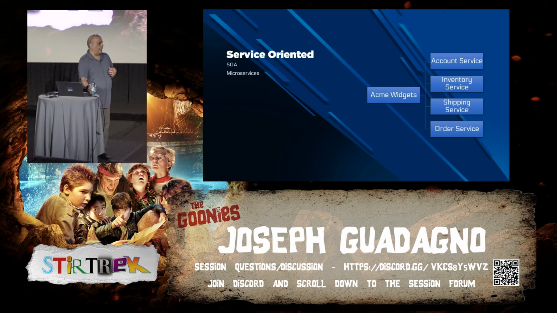The idea behind service-oriented architecture was that you were supposed to break out all these services into their own individual service. So our Amazon site would have an account service registered.